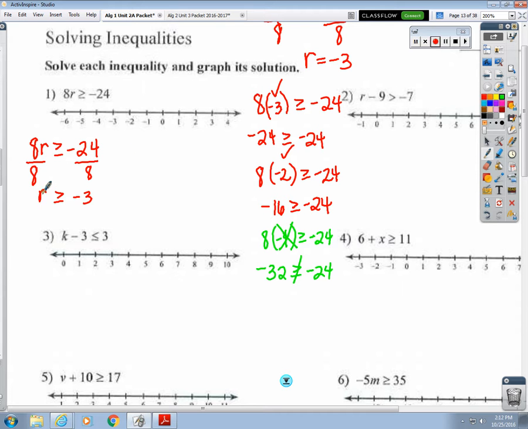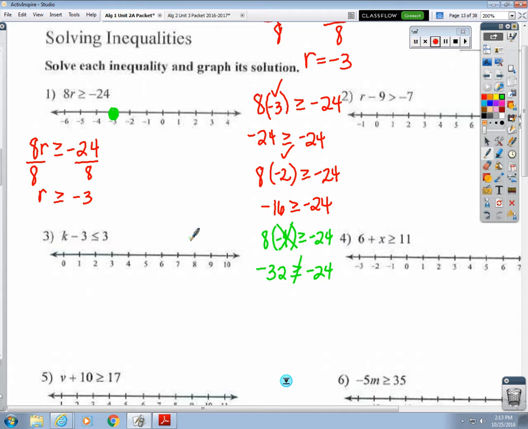The solutions are all numbers that are greater than or equal to -3. Now the way you show that on the number line is you go up and you circle -3. Put a circle around the notch for -3. Was -3 actually one of our solutions? Yeah, when we plugged it in, didn't it make a true statement? Since it's actually included in our solutions, you shade it in.